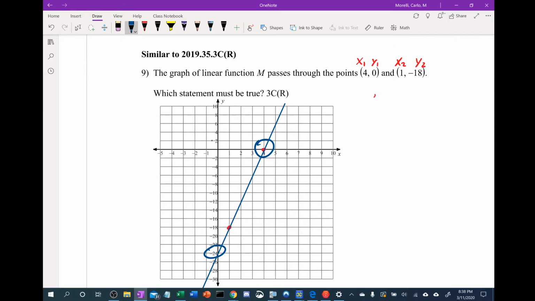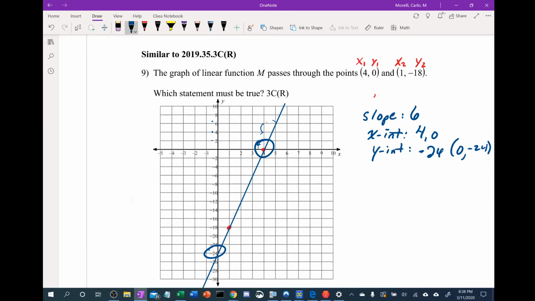It's going up 2, 4, 6 over 1, so it looks like it's got a slope of 6. It looks like the x-intercept is (4, 0), and it looks like the y-intercept is negative 24, which would be (0, negative 24), depending on what they want.